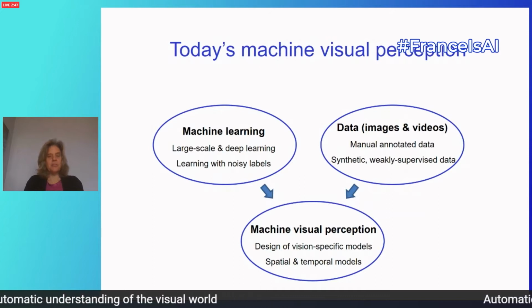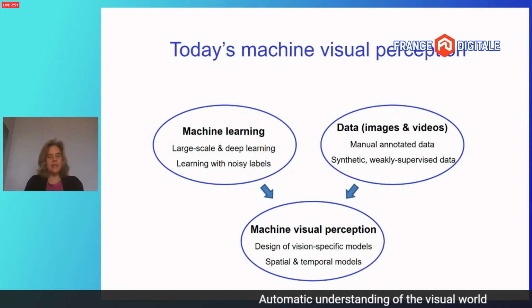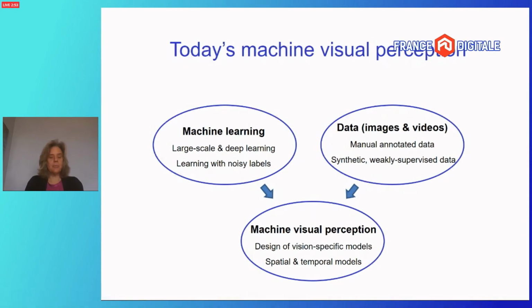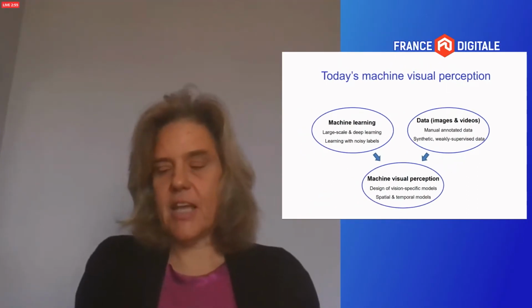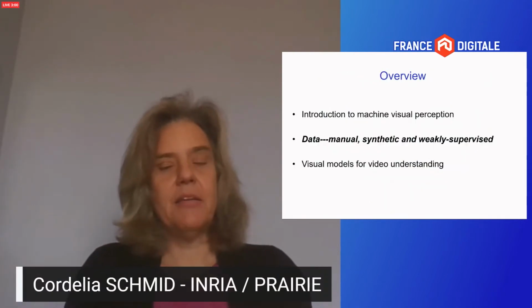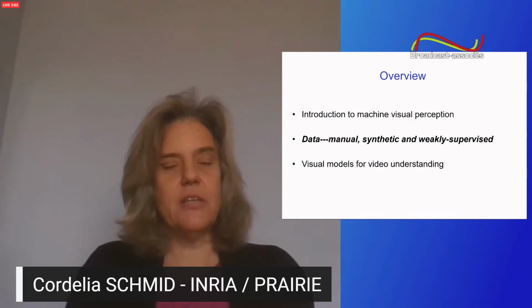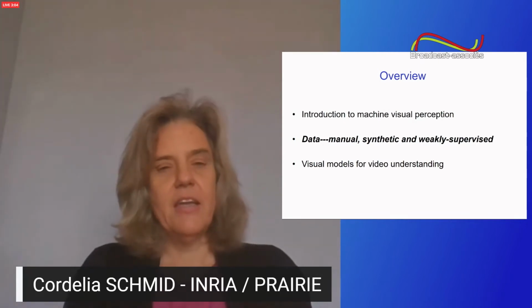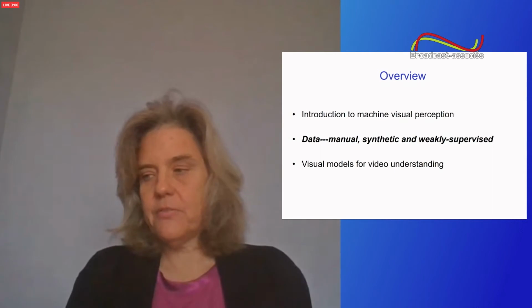Finally, machine visual perception is also about designing vision-specific models and taking, for example, into account spatial and temporal models for video understanding. In this presentation, I give an overview of data sets and data used for training, and then present visual models for video understanding.